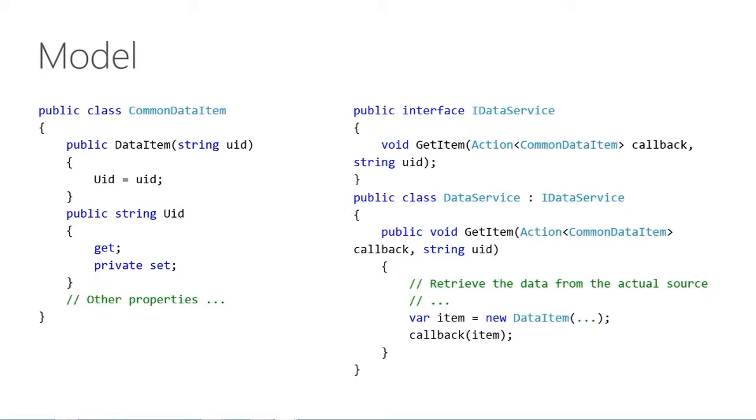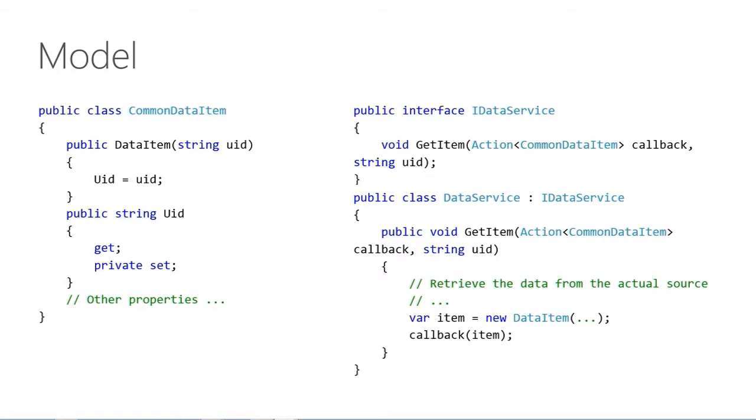Okay, so let's look at an implementation of a model here. Here we have public class CommonDataItem. We're defining a data item, and then the getter and setter, and the automatically generated sample is already there. You can take advantage of this when you're looking at some of the Windows 8 templates. For instance, if you look in DataModel/SampleDataSource, you'll see some good sample code that you can reuse here.